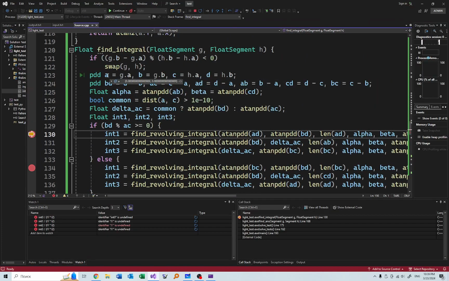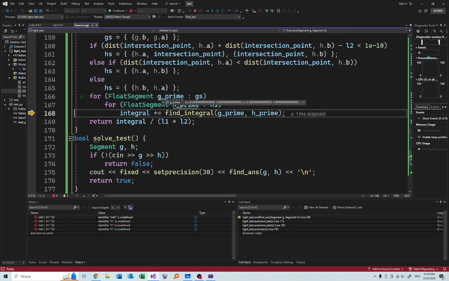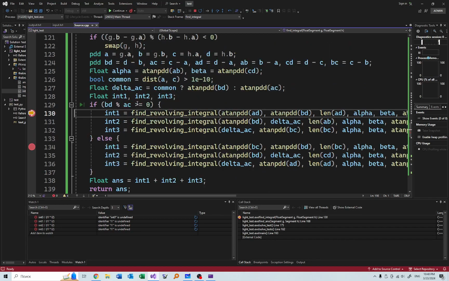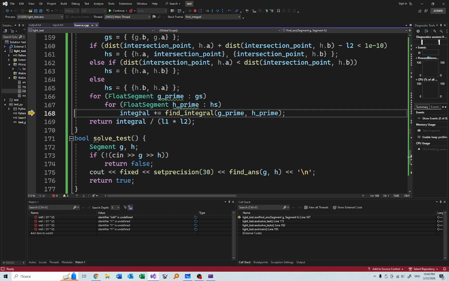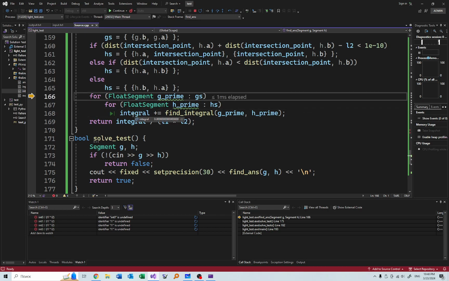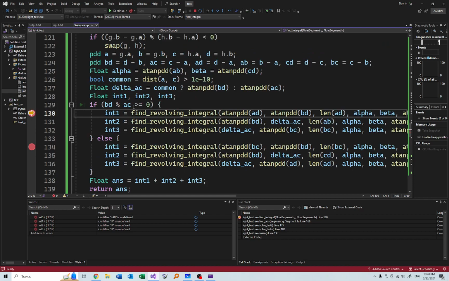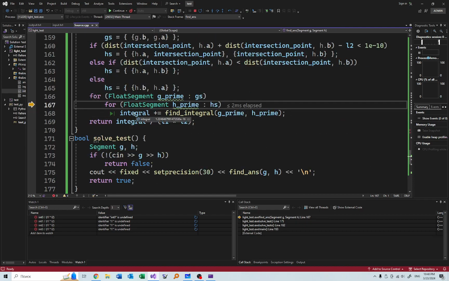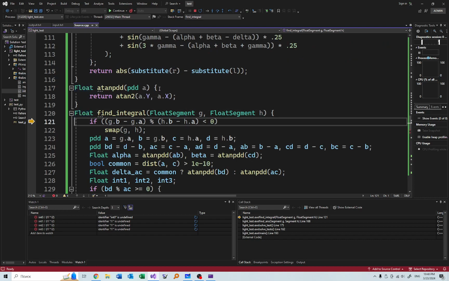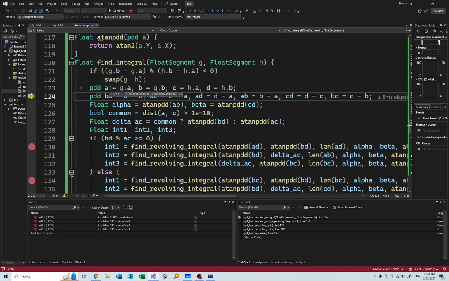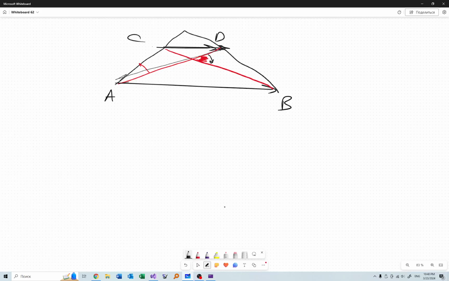Okay, so let's look. 0, 0, 0, 0. What did it say on all zeros? 0. Actually, when both zeros, it should be 0. And now it should be non-zero. 0, 1, 0, 1. Yes, it should be non-zero.